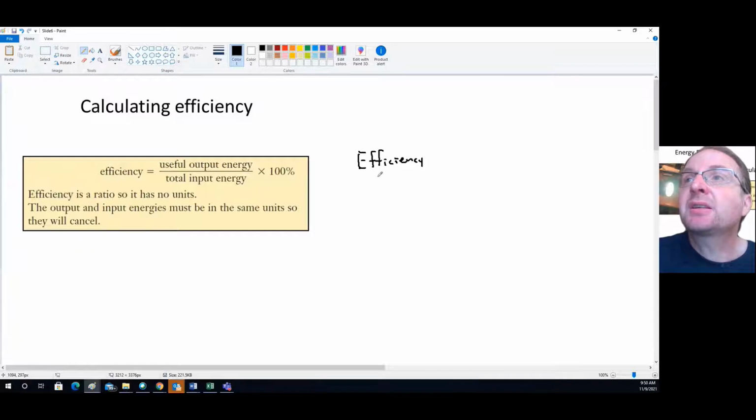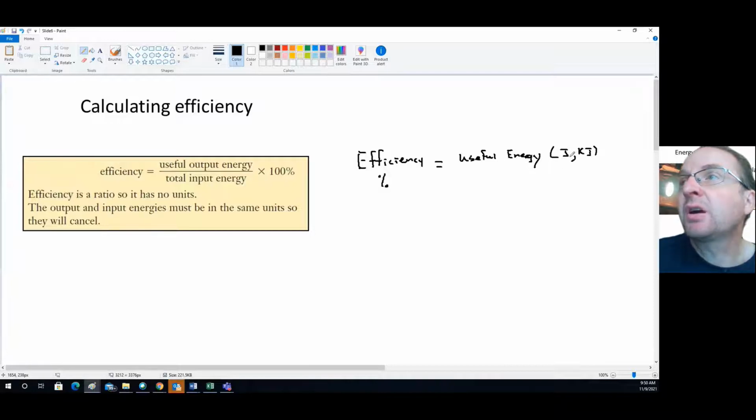And we do express it as a percent, right? So we'll talk about efficiency times 100 equals useful energy. Your question might give you that in joules or kilojoules. The units actually don't really matter, but they've got to be the same.